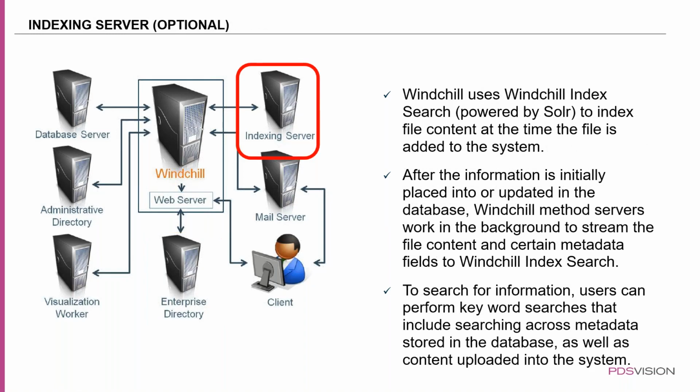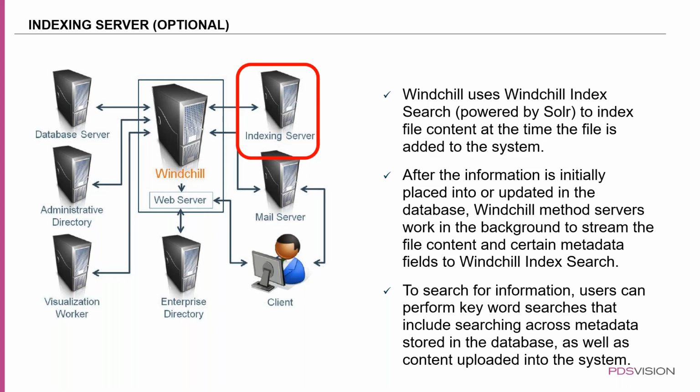Then the next one is the indexing server. This indexes contents as you create them, and it indexes everything about that context: all the metadata of the particular object that you add into Windchill, as well as the contents of it.